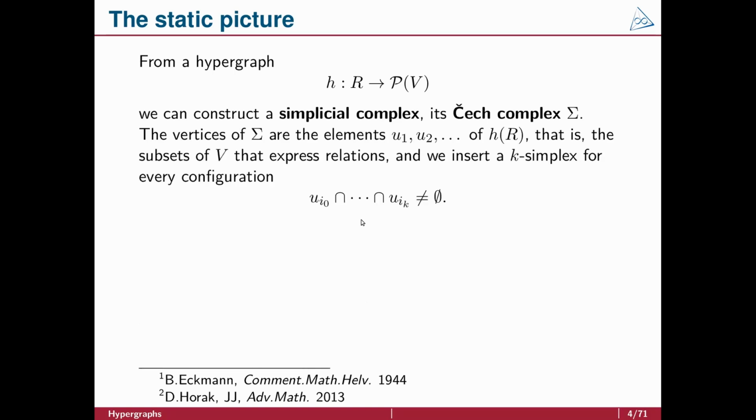That means that the vertices of this Čech complex are the images of our relations, that is, subsets of V. And whenever k plus 1 of these subsets have a non-empty intersection, that is, if they share a vertex, then we insert a k-simplex.